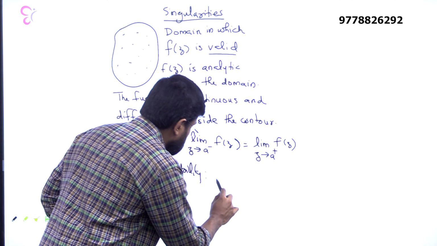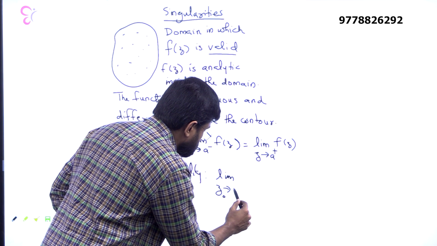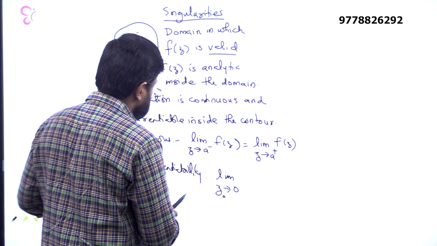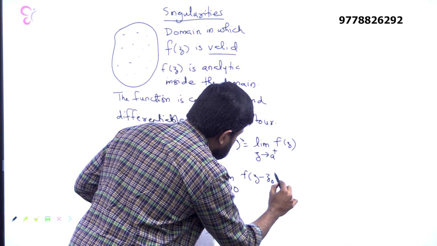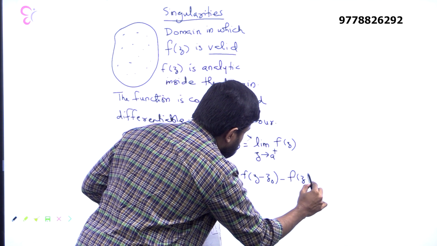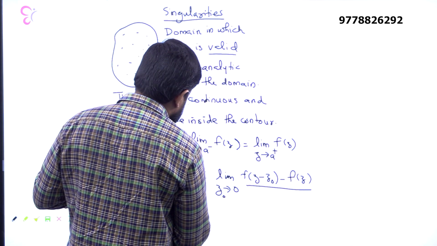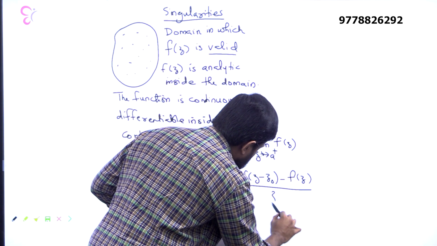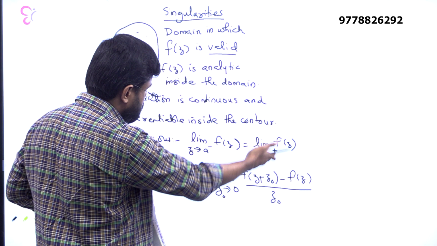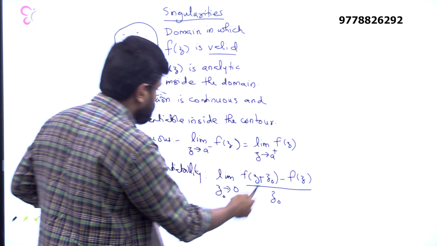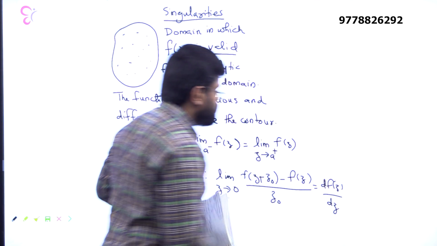Differentiability means the limit as z0 tends to 0 of f of z plus z0 minus f of z, divided by z0, which is df of z by dz.